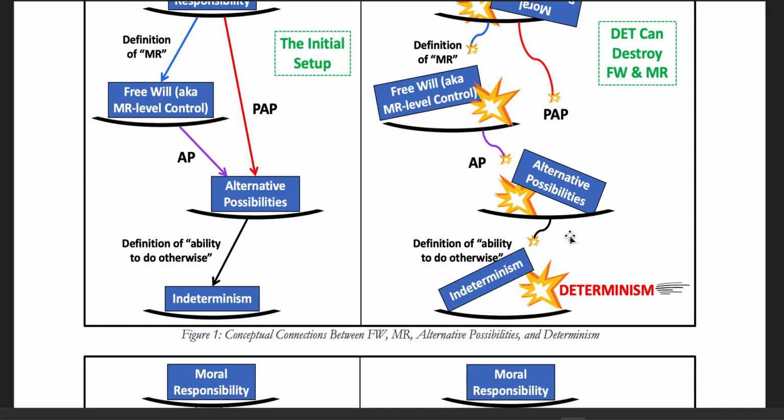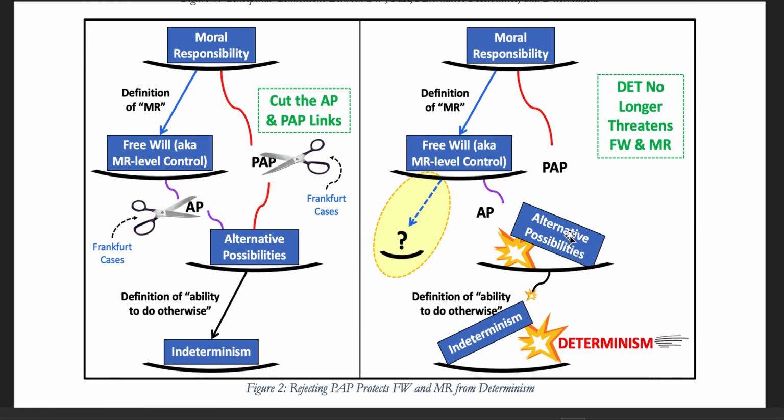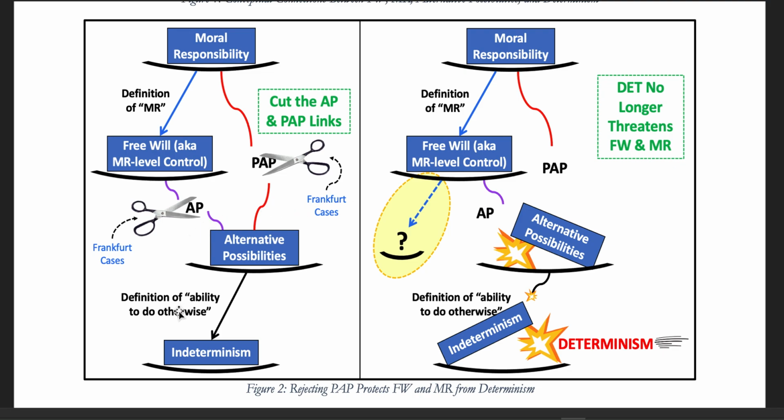All right. Now, what we're going to see is that Harry Frankfurt and other people try to sever these ties. They try to say, no, PAP is false. Moral responsibility does not require alternative possibilities.